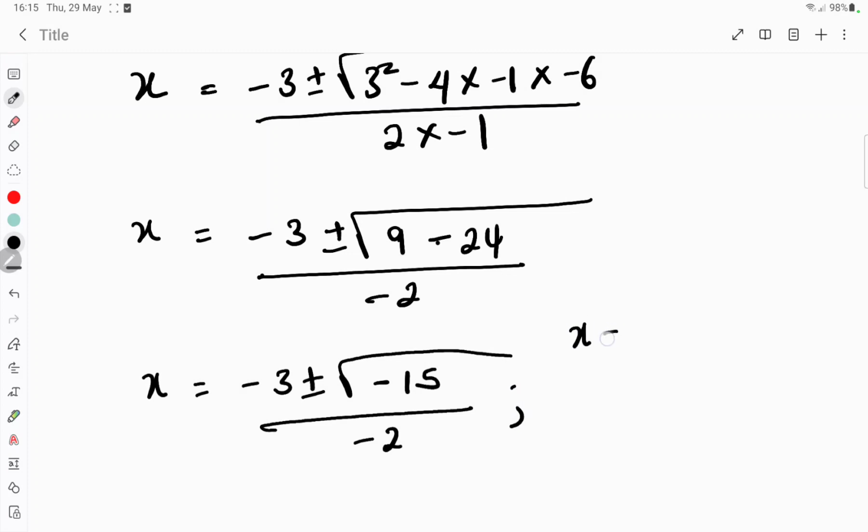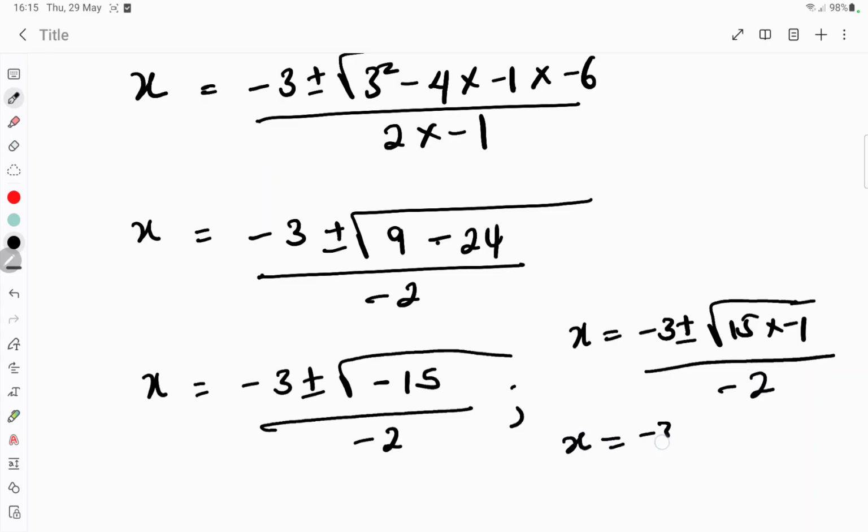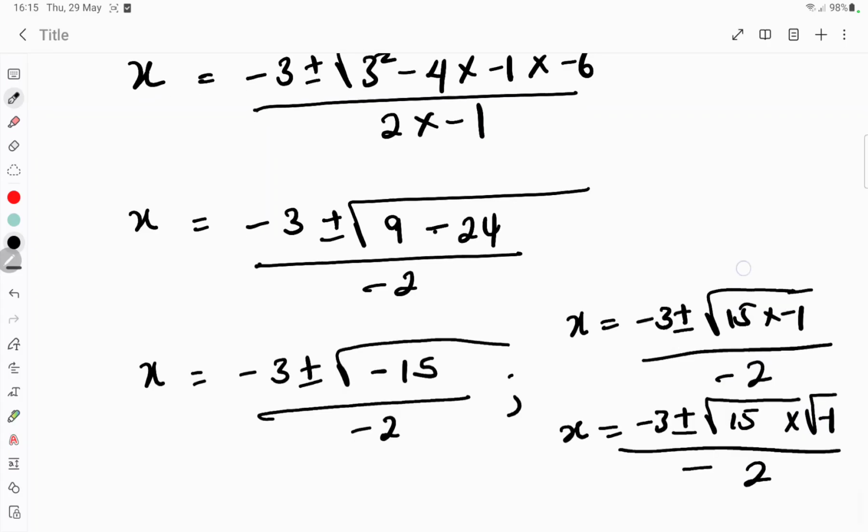So x is now equal to minus 3 plus or minus, we can write it as the square root of 15 times minus 1, then divided by minus 2. Then x will be equal to minus 3 plus or minus the square root of 15 times the square root of minus 1, divided by minus 2.